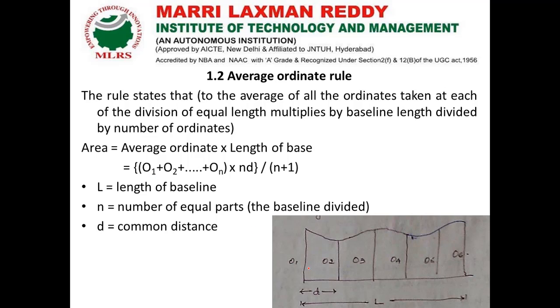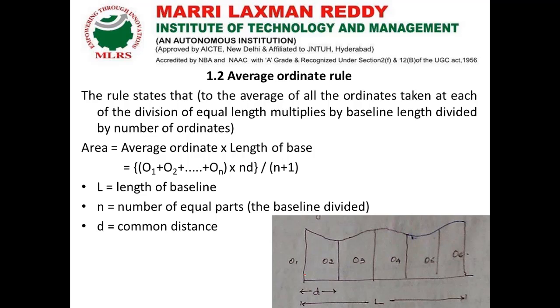It becomes the sum of the ordinates taken for the irregular boundary from the baseline, O1 plus O2 plus O3 plus O4 plus O5 plus O6, divided by the number of equal lengths into which the baseline has been divided.